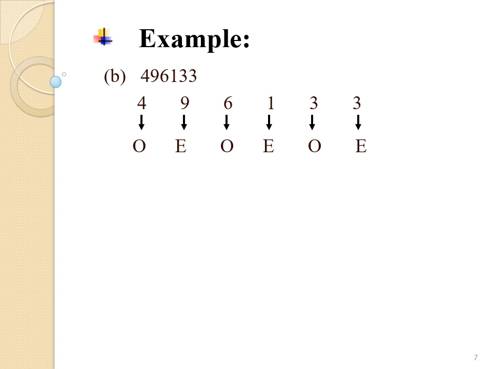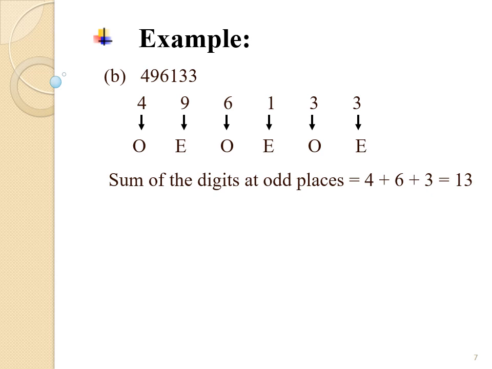Thus, adding 4, 6 and 3, we get 13. Now, step number 2. Finding the sum of the digits at even places by adding the digits of even places like 9, 1 and 3. We get 13.